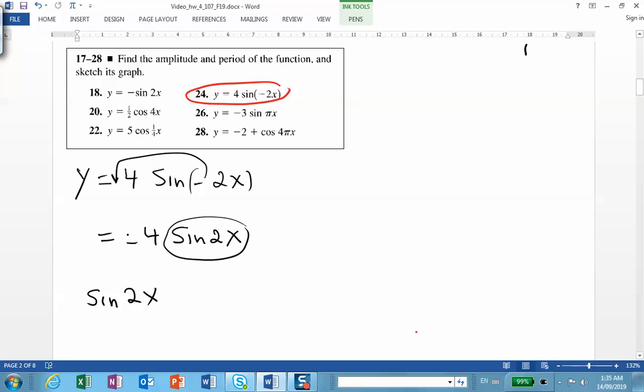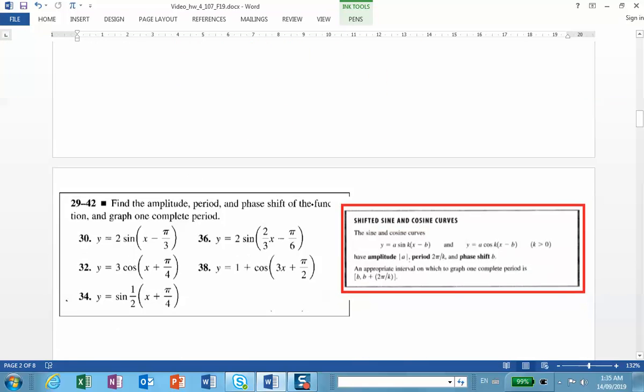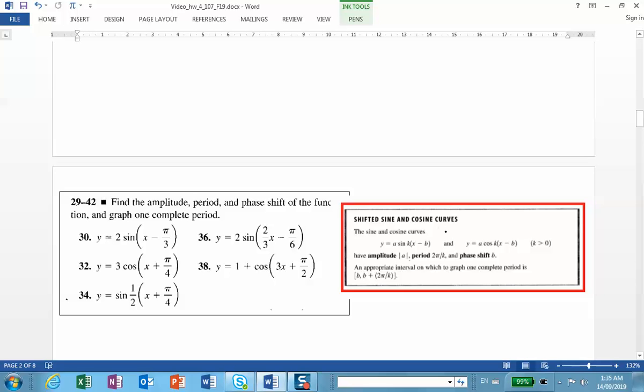Now, when there is a number here, we know from the book, and let me see if I can bring that right here. I'm going to this particular cutout of the book. Notice that there is a K here, right? There is a K here.